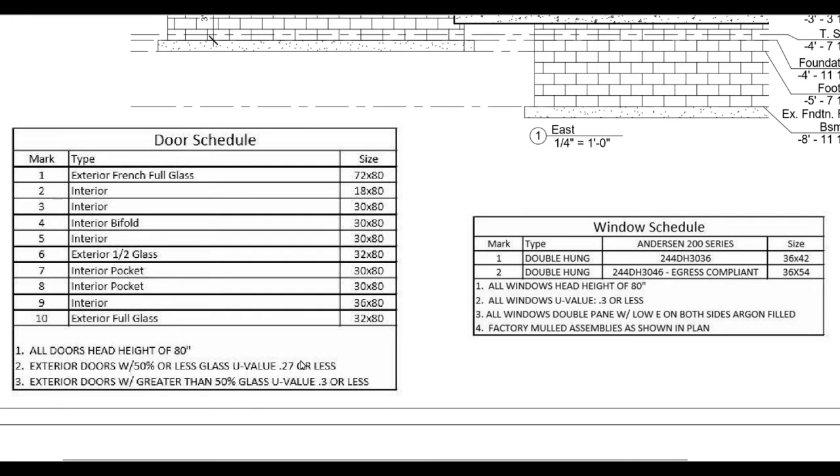We also have a couple notes down here. Exterior doors with 50% or less glass, U value. And U value is basically the inverse of the R value. R value is the resistance to heat transfer. It's a thermal property of different materials and how well it resists heat transfer.